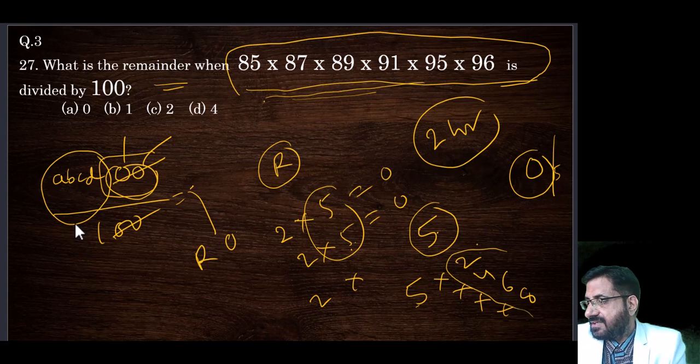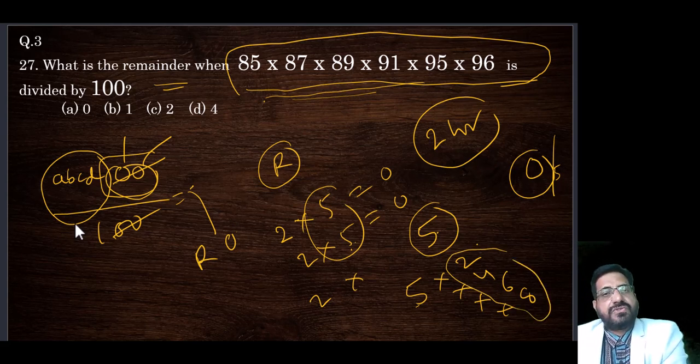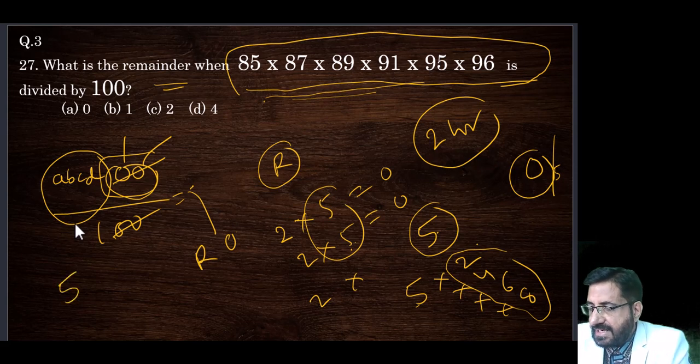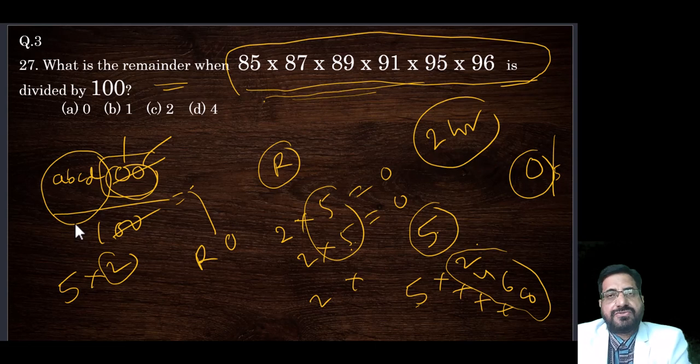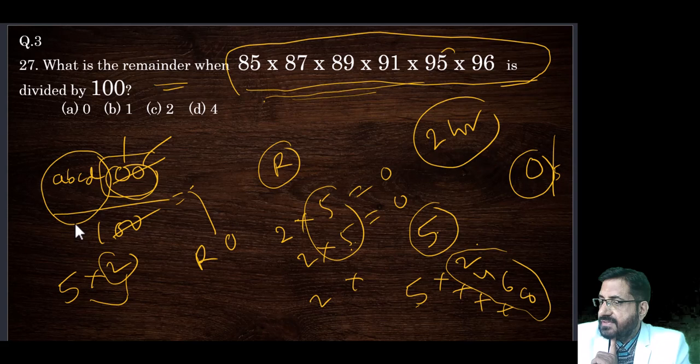These are all even numbers. If you are multiplying 5 and 2, because all these 4, 6, 8 are multiples of 2, you should look for at least one 5 and one 2. Okay, in this number I have here one 5 and 6 is there, it is a multiple of 2.